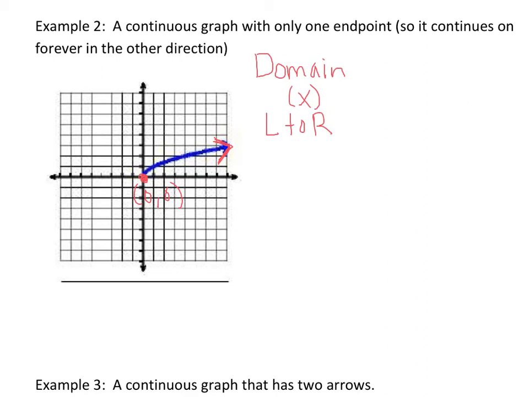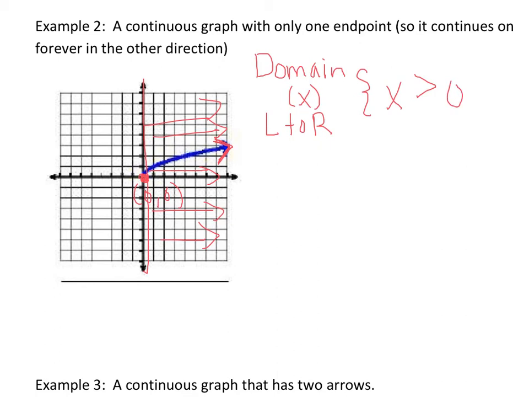And so how we look at that is it's going to be all of the x values that are on this side, okay, because it's going to keep on going forever. So if we were to write that as an inequality, that would be all of the x values that are greater than 0.